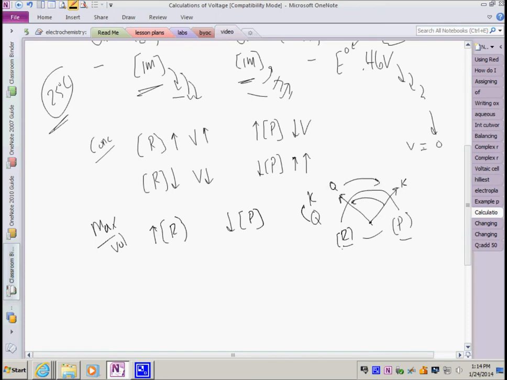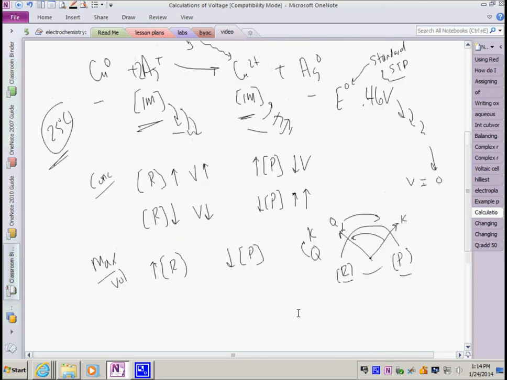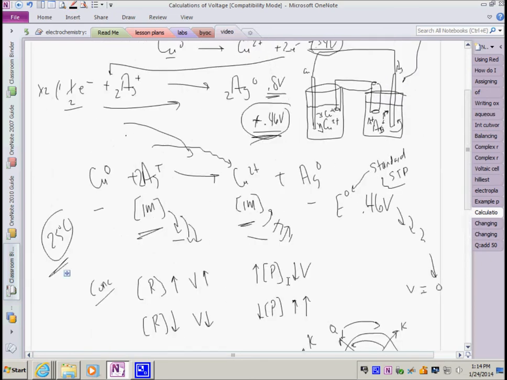The more I increase these concentrations, the farther I pull this off of my equilibrium ratio. So you should understand generally, if I increase the concentration of my reactant, I will increase my voltage. If I decrease the concentration of my reactant, I will drop my voltage.